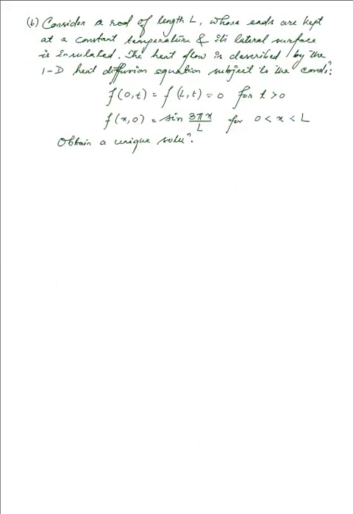So in the next question, it asks us to consider a rod of length L where the ends are kept at a constant temperature and its lateral surface is insulated.